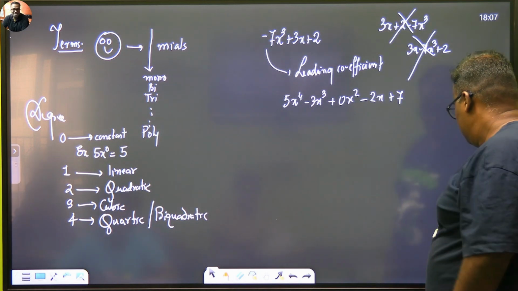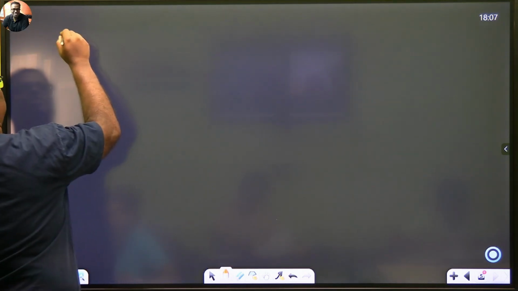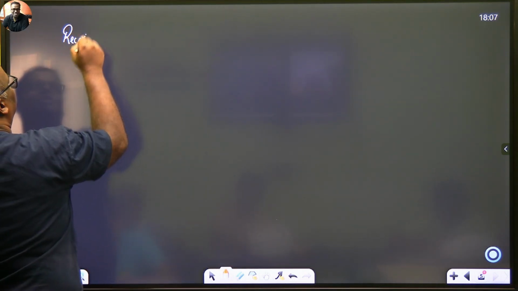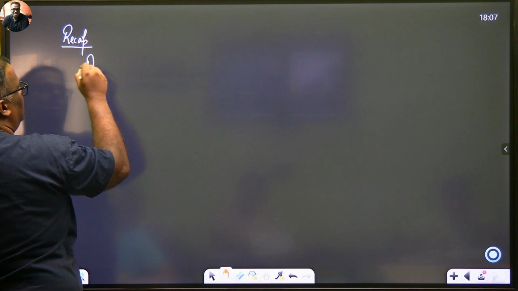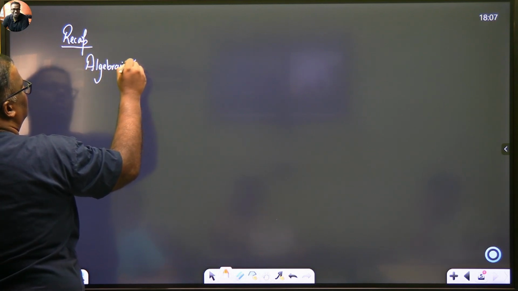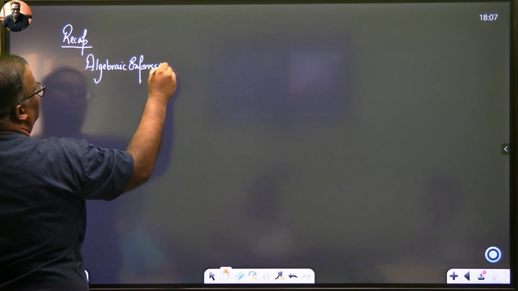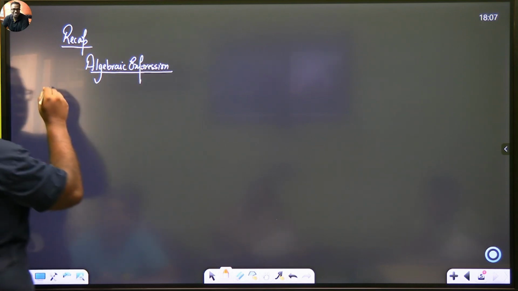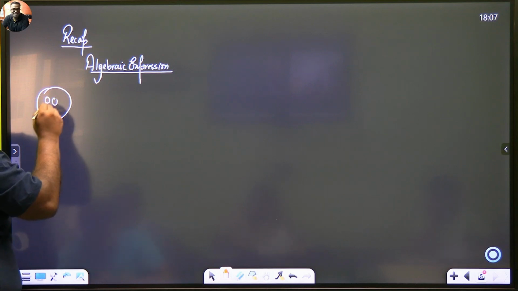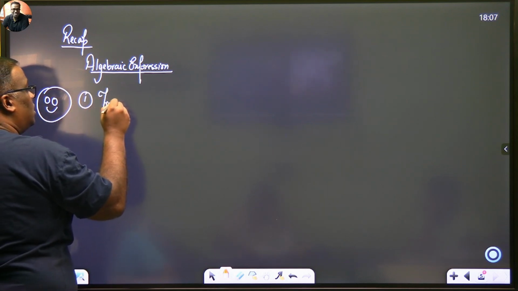Okay, so a small recap of whatever we have learned so far. Given an algebraic expression, let's ask ourselves, can we understand what the terms in it are?